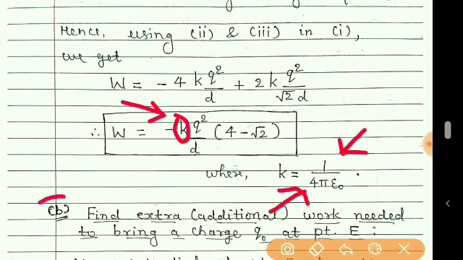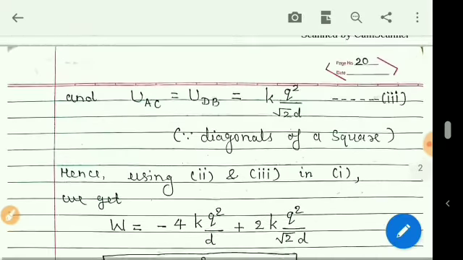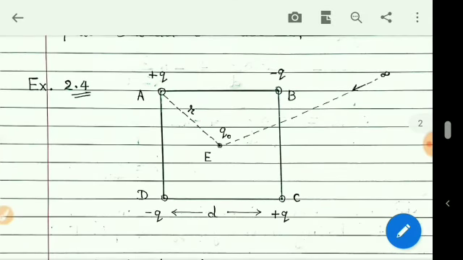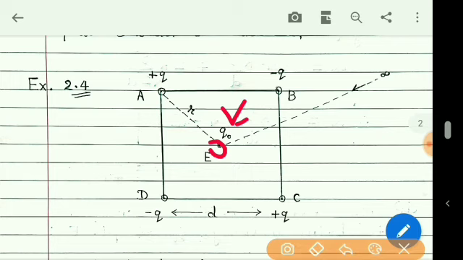Now in the second part, what we have to do? It is asked that now we have to bring a charge q naught from infinity to the center of this square.